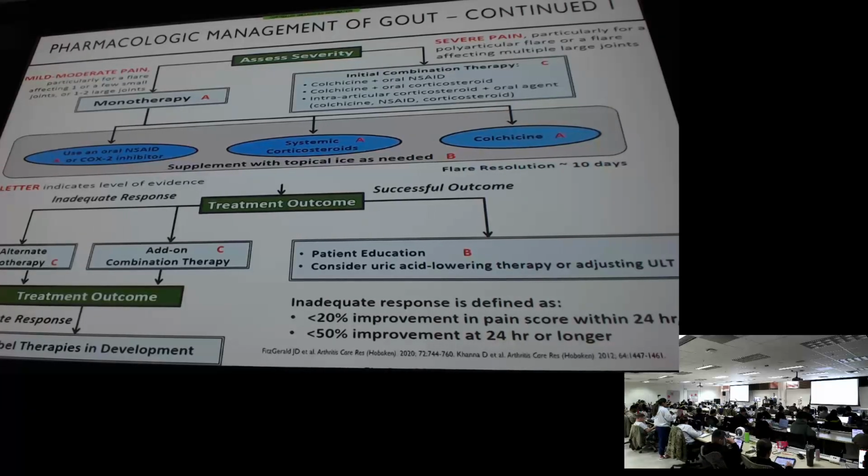When we talk about medications for gout, inadequate response would be less than 20% improvement in pain within 24 hours, or less than 50% improvement at 24 hours. And obviously that's talking about an acute gout flare, whether it be the first time or the 100th time. The response to medication is how we define it as improved or not. Yes, sir? Yes, pain scale. Yeah, so subjective, yeah.